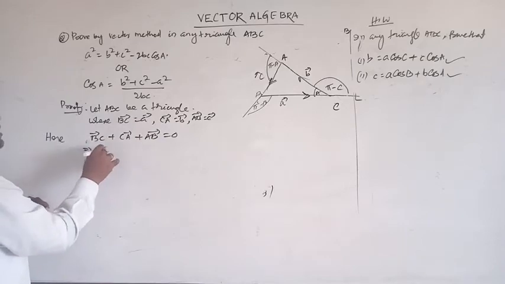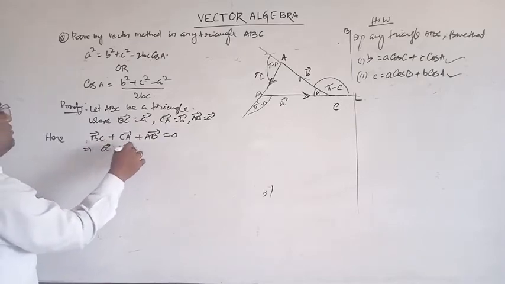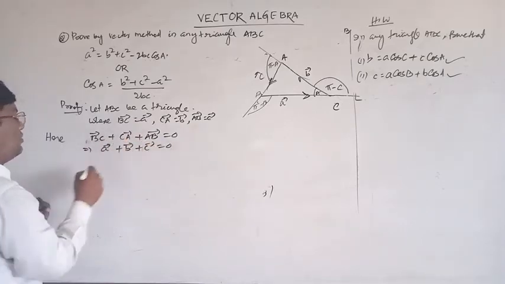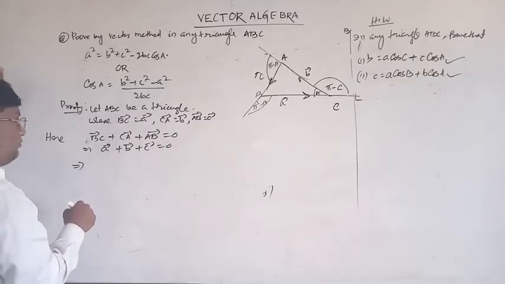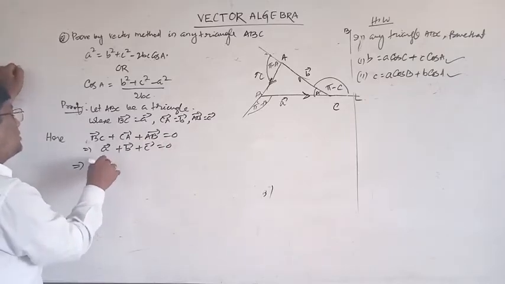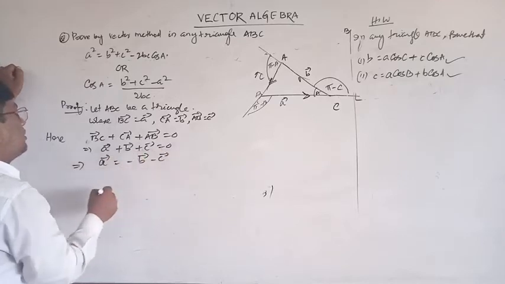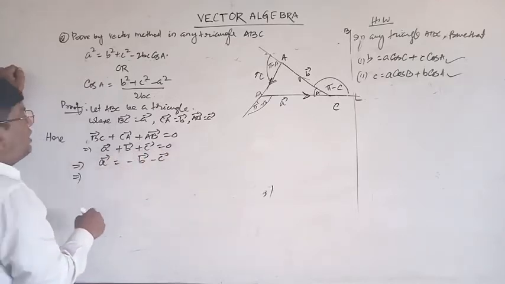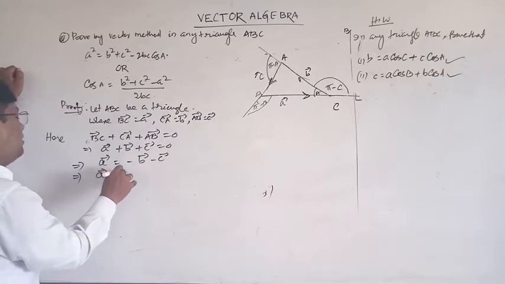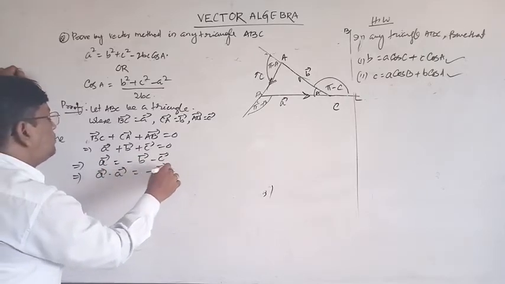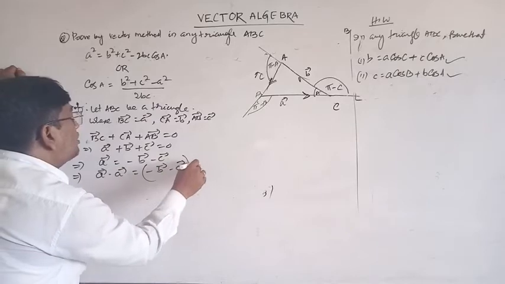That implies A vector plus B vector plus C vector is equal to 0. So A vector is equal to minus B minus C vector, and taking dot with A on both sides, A dot A is equal to minus B minus C dot A.